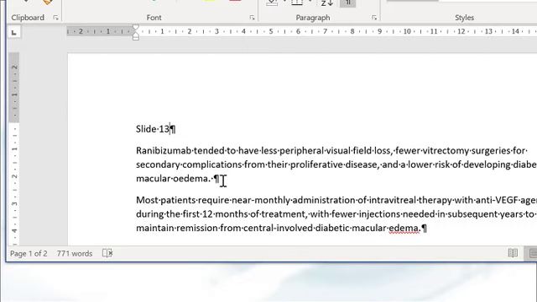Most patients require monthly administration of the intravitreal therapy with anti-VEGF agents during the first 12 months, with fewer injections being required in the subsequent years to maintain remission from centrally involved diabetic macular edema.